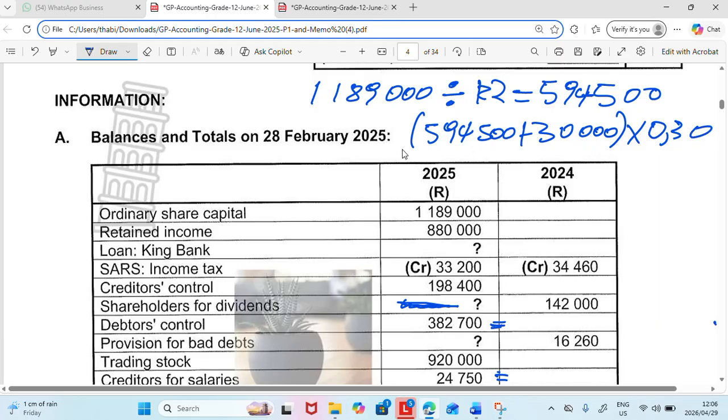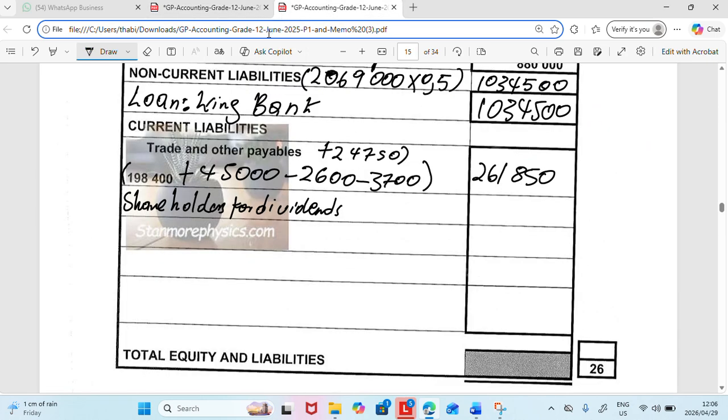So these calculations, guys, where I am drawing a line, because we do not have sufficient space on the balance sheet, they must be shown in brackets. Please always show those calculations in brackets. So please multiply. After multiplying, guys, you should get shareholders for dividends of 187,350.